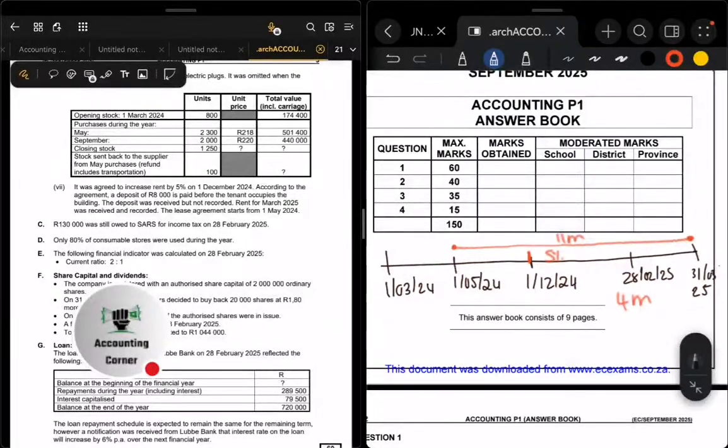Just give me a second. I know there are different methods, so I'm trying to see which is the easiest one that I can use. Okay, so for 4 months, there's that plus 5%. And then for the other months, we were just paying the full 100%, which is 11 minus 4, that's 7 months. So for 7 months, we're paying 100%. But for 4 months, we're paying 105%. So 4 times 105 will give us 420.